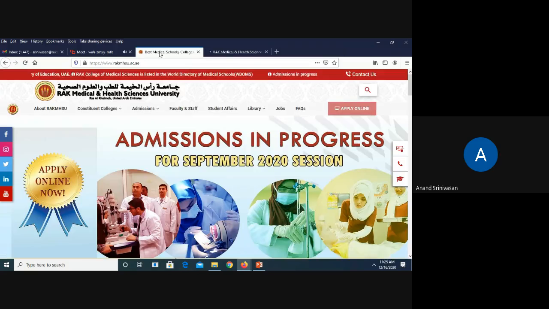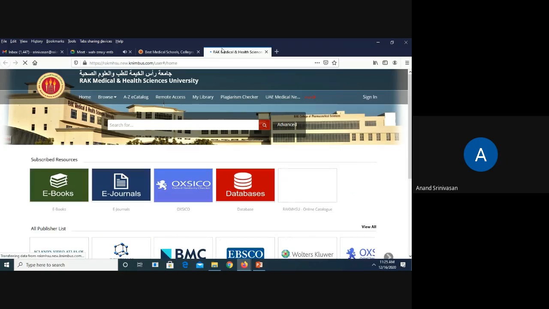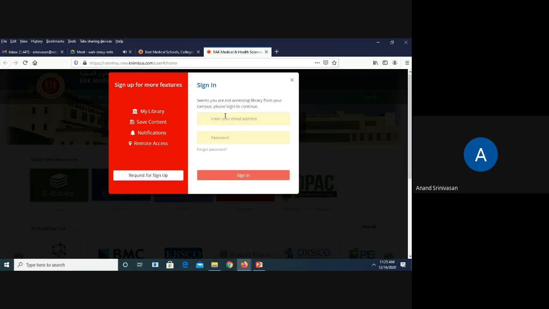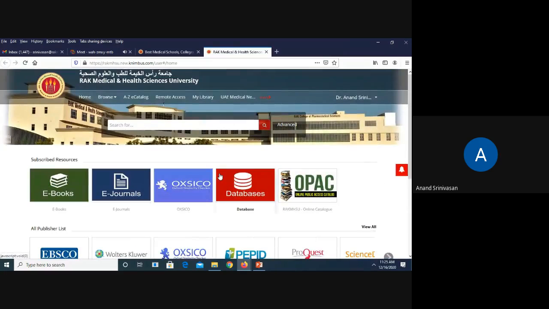Once you go into the e-library, you need to sign in using your university email ID. It won't work with your other Gmail.